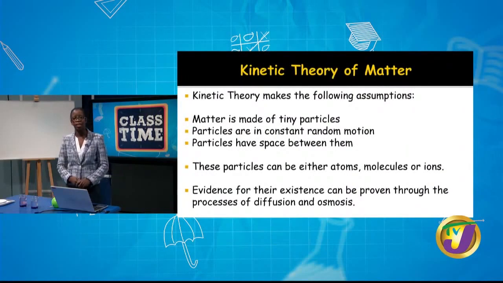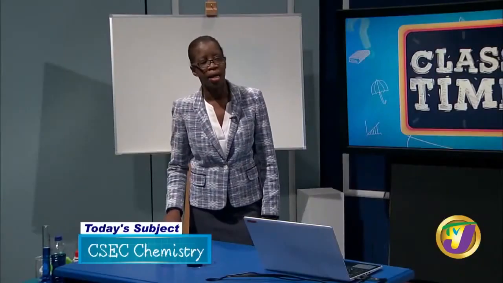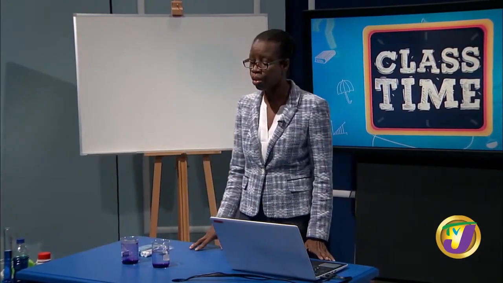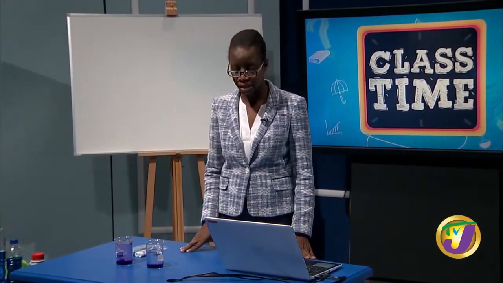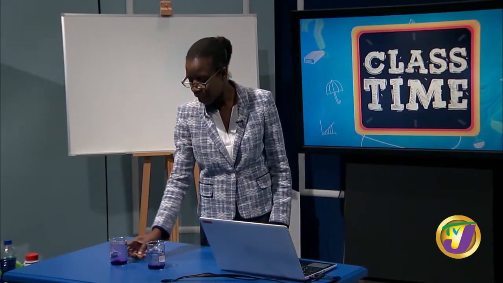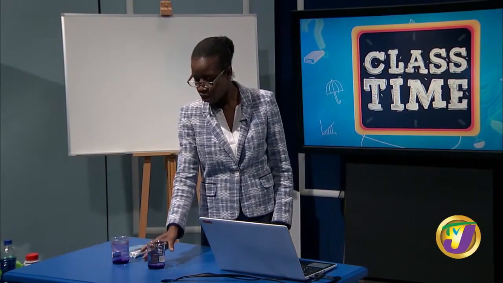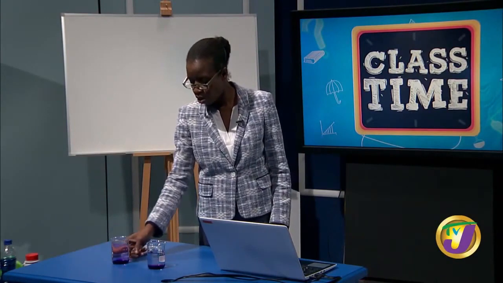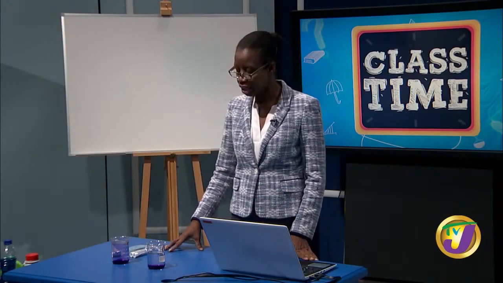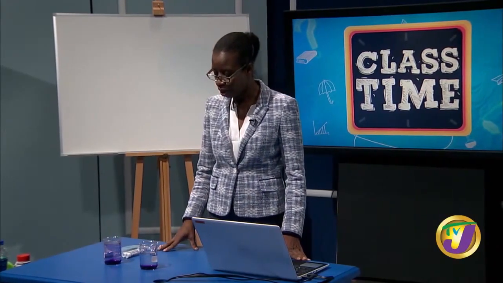Now, all of this shows that matter exists as particles. Let's look again at what we did earlier. Earlier, we were proving that matter exists as particles. We would have placed some crystals of potassium permanganate in cold water and in hot water. If you were at home, I was encouraging you to use your drink mixes and try the same experiment.